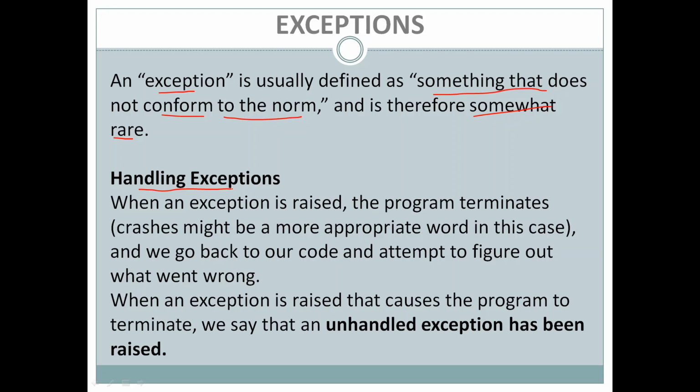When an exception is raised that causes the program to terminate, we say that an unhandled exception has occurred, or an unhandled exception has been raised. And as you can see, when an exception occurs, the program simply stops at that point, and that is not desirable in all situations, and that is the reason we need to handle the exception in the program.